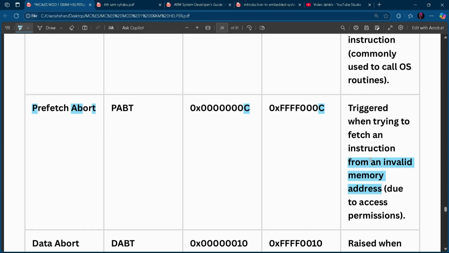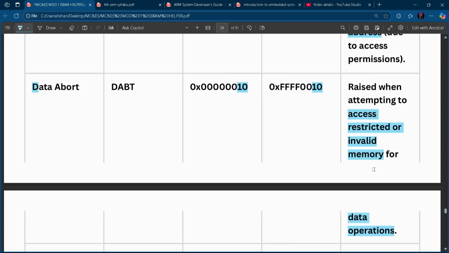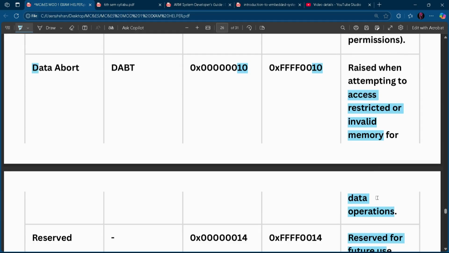Then the data abort, DABT, only this number changes. It is raised when attempting to access restricted or invalid memory for data operations. The administrator mode example fits perfectly here.